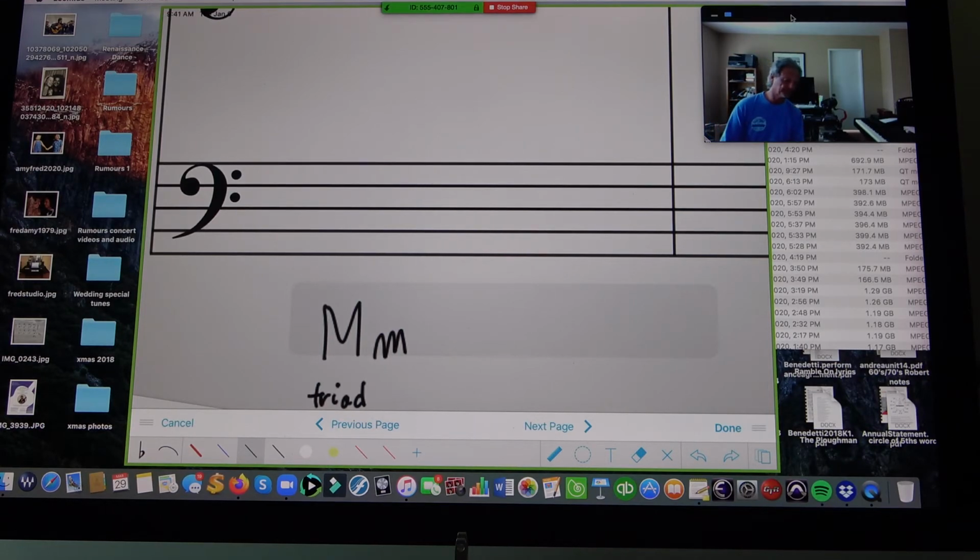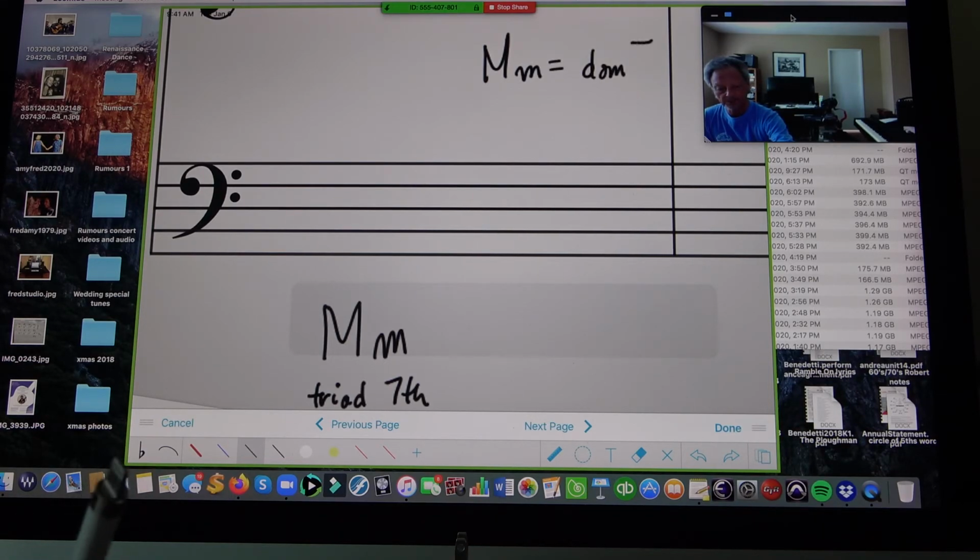The next M, the smaller one, refers to the 7th. So any major minor chord equals a dominant 7 chord.